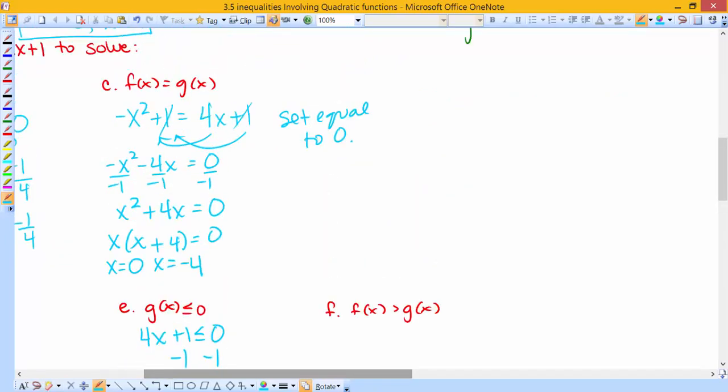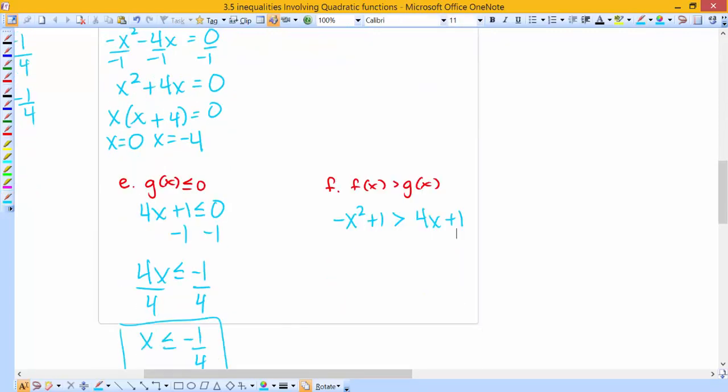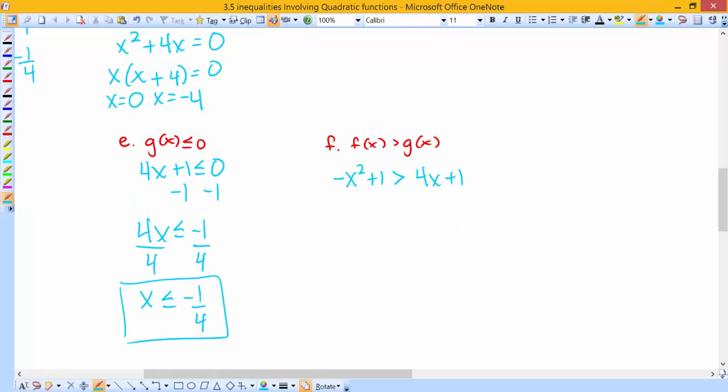Now in F, we have f of x, so negative x squared plus 1 is greater than g of x, 4x plus 1. So I am going to move the 4x over. And then remember the ones canceled. So negative x squared minus 4x is greater than 0.